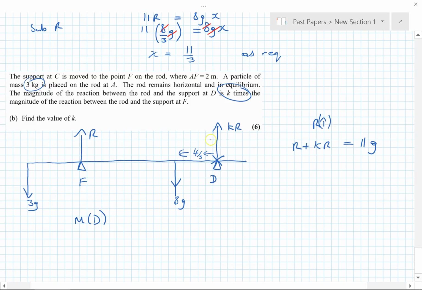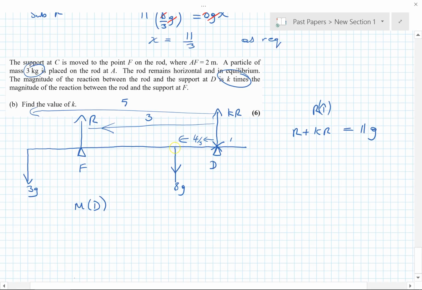Now this distance has changed because it's 2 there and it's 1 there, so that must be 3 meters to the right there. And then the distance from here to here will be 6 take away 1, because 1 is that distance, so that distance is 5. So I'm now going to take moments about D.